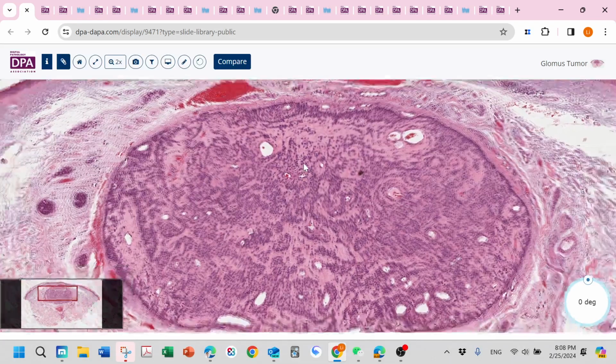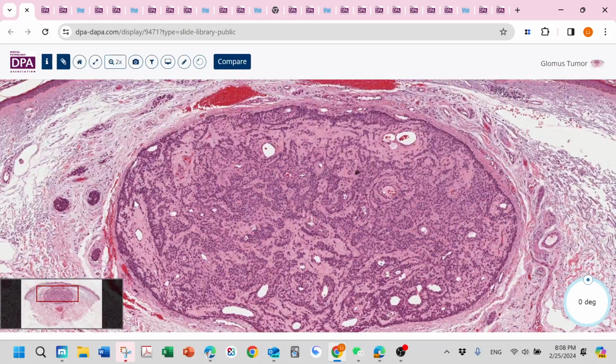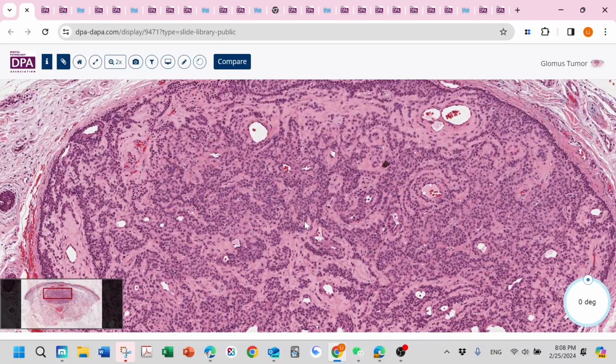So just remember, if you see anything well circumscribed in the dermis, hugging around the vessel, with monotonous cells, that is really highly suspicious for Glomus tumor. When you do IHC, this lesion is muscle actin positive, because these are true cells we call parasite.